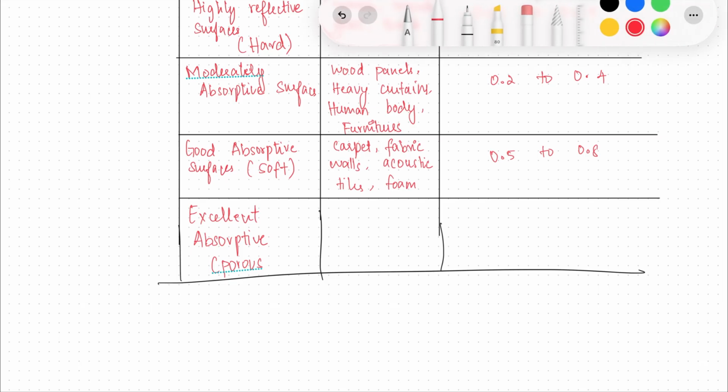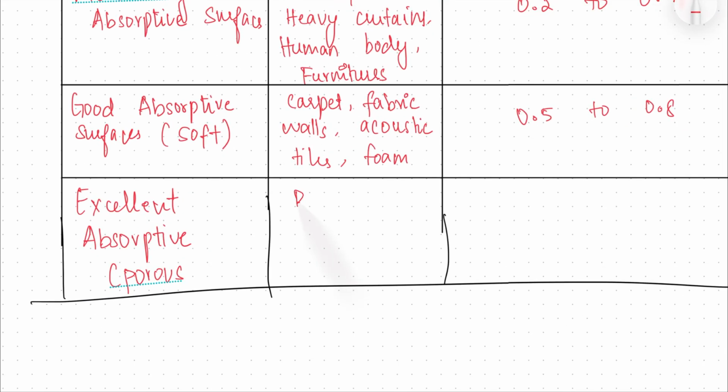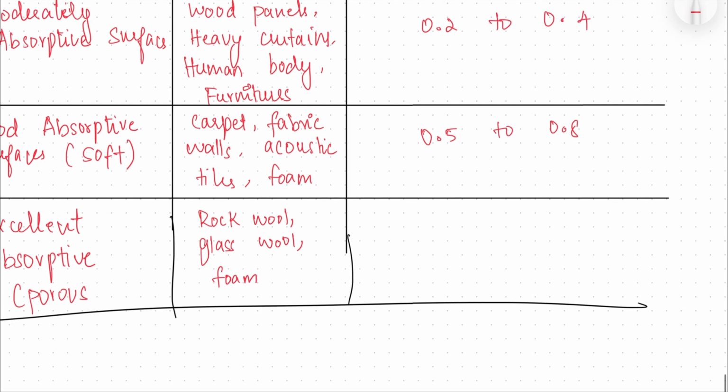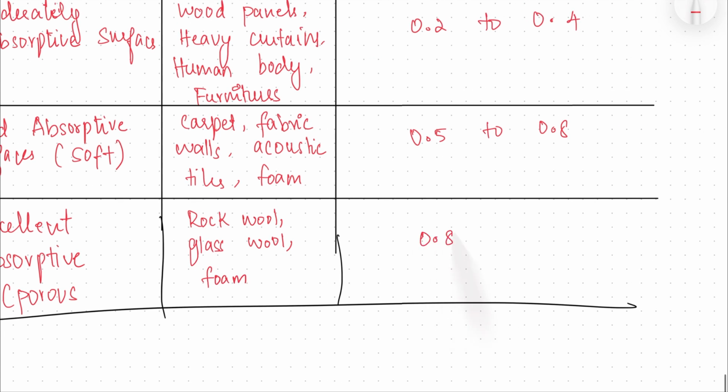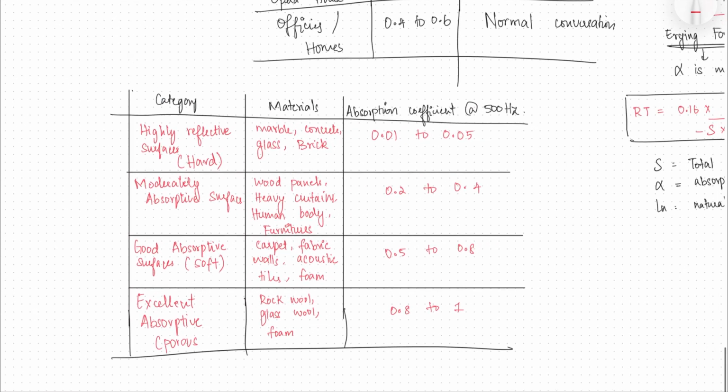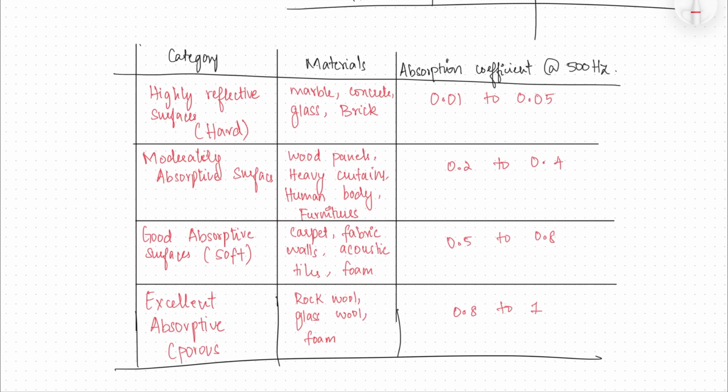They range from rock wool, glass wool, foam, again some different categories of foam. So 0.8 to 1. Okay, so these are the different categories and their absorption coefficients.